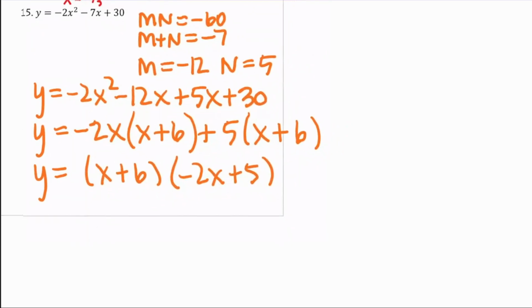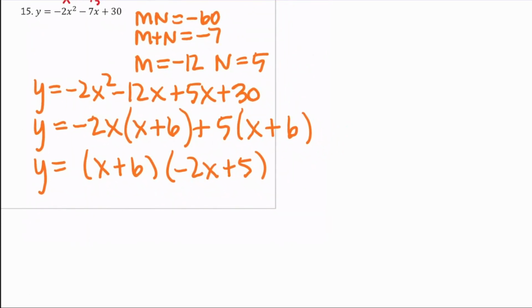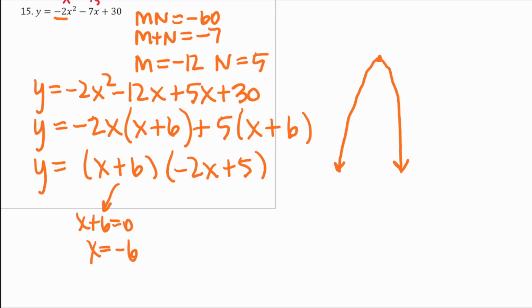Okay, I'll use a little more room over here. And so this is going to be a downward facing parabola because the leading coefficient is negative. So I might draw that. It's got 2 x-intercepts, where x plus 6 equals 0, x equals negative 6.